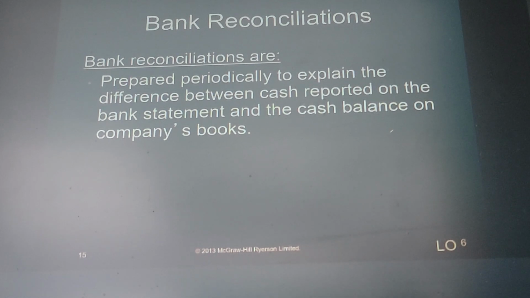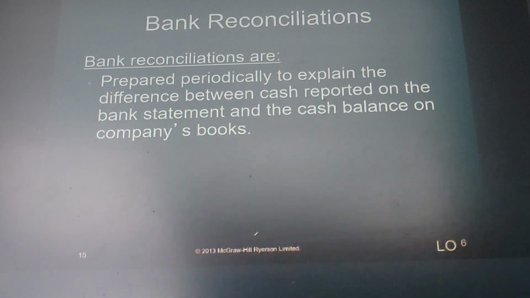So now you have this balance in your book, which shows $58,365. And the statement came from the bank showing that you have $63,015. Right?